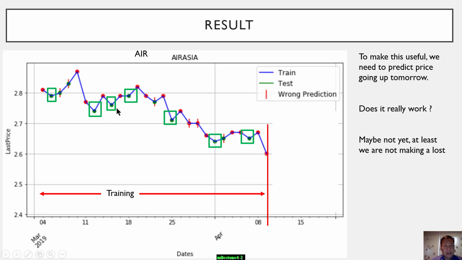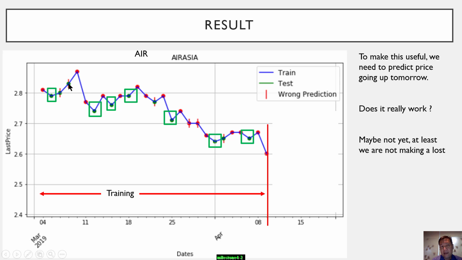Those highlighted in green boxes are the exciting part, where the machine has predicted that the price is going to go up tomorrow, and it did go up, right? The green boxes, and it looks exciting. The cross dots are the wrong predictions, right? These are the false negatives, meaning the machine predicted that it goes down, but in fact it went up.